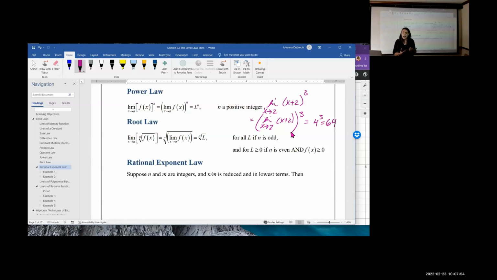The limit is allowed to go inside of a power, which is why it's allowed to go inside of a root, because what is another way to write the nth radical? Who remembers? I'll have to make up something. I'm making up one. What's another way of writing the square root of x plus 5?